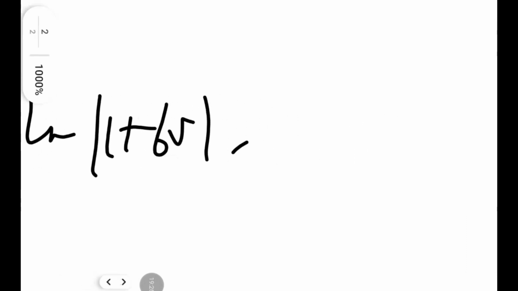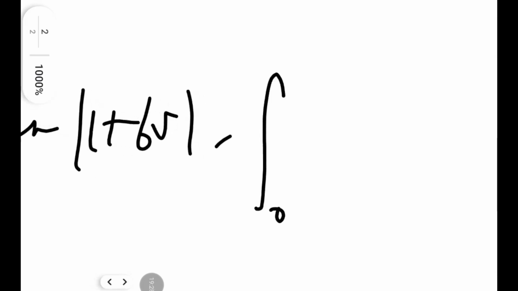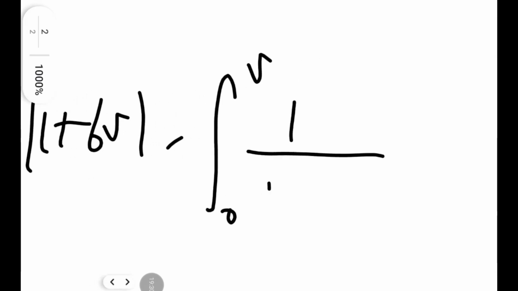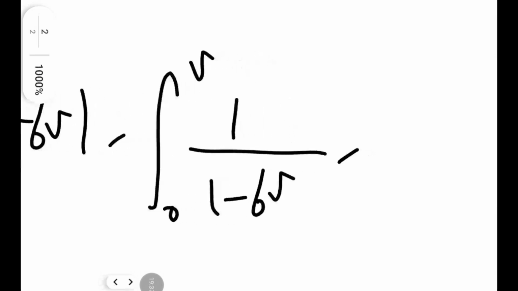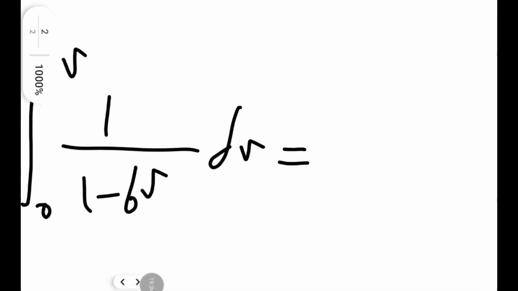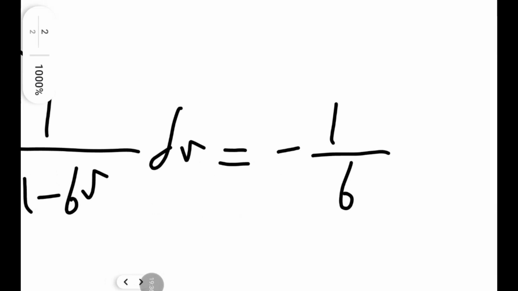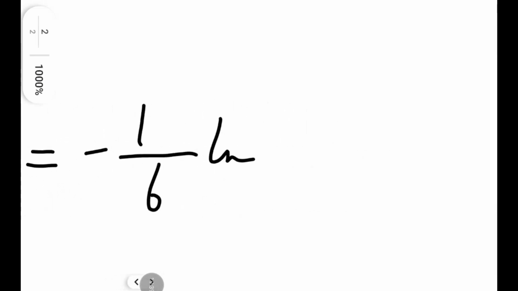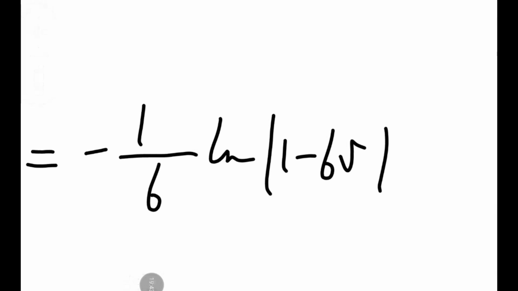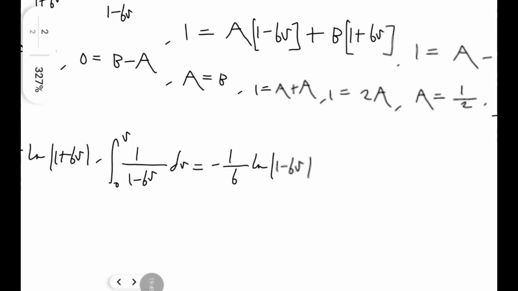The only difference is a negative sign. The integral between 0 and v of 1 over 1 minus bv dv is going to equal negative 1 over b ln of 1 minus bv due to the negative sign. If you times it out now, you'll see negative b times negative 1 over b is 1.